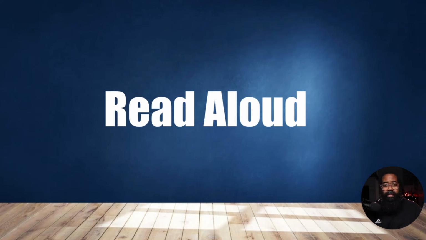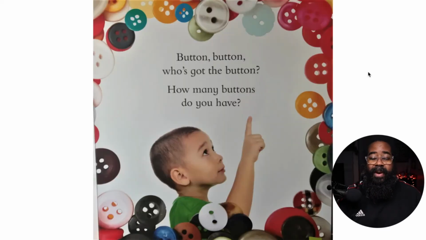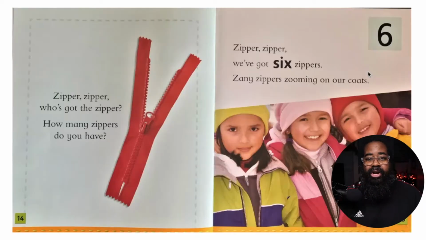Then I'm also giving insight into what story I'm going to read. The read aloud story for this week is Button, Button, Who's Got the Button? In this story we're talking about buttons, latches, buckles, toggles, and zippers. And it's a number book, so we're also counting.